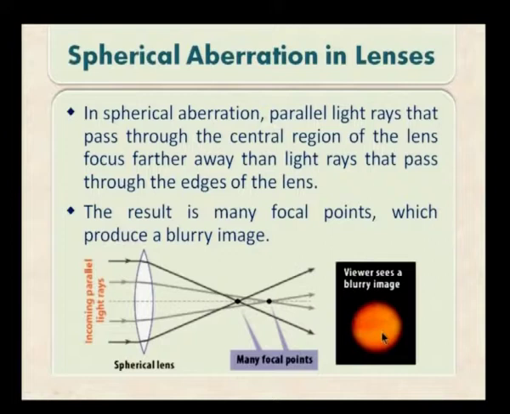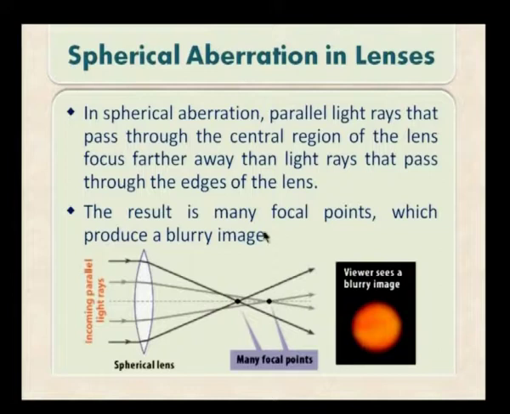If the aperture of the lens is large, suppose the lens is very large and very thick, then the image quality will be blurred, will be more defective. On the other hand, if you have a thin lens with a small aperture, what do you do?